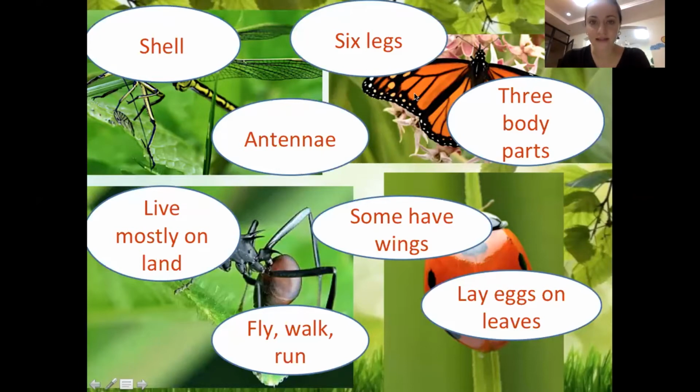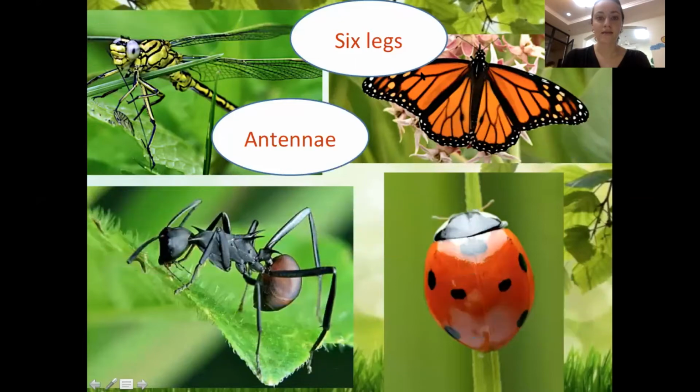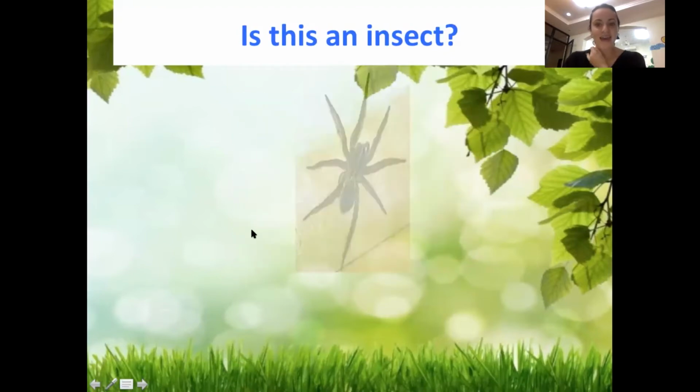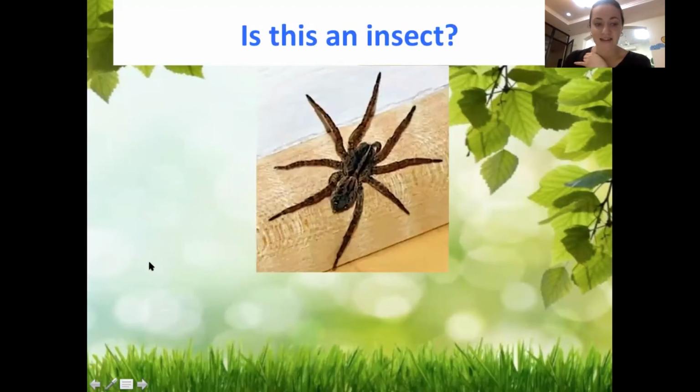All right. So, is this an insect? Yes or no? Let's say it on 3. Everybody, is this an insect? 1, 2, 3. Yes. Okay, yes. Is this an insect?